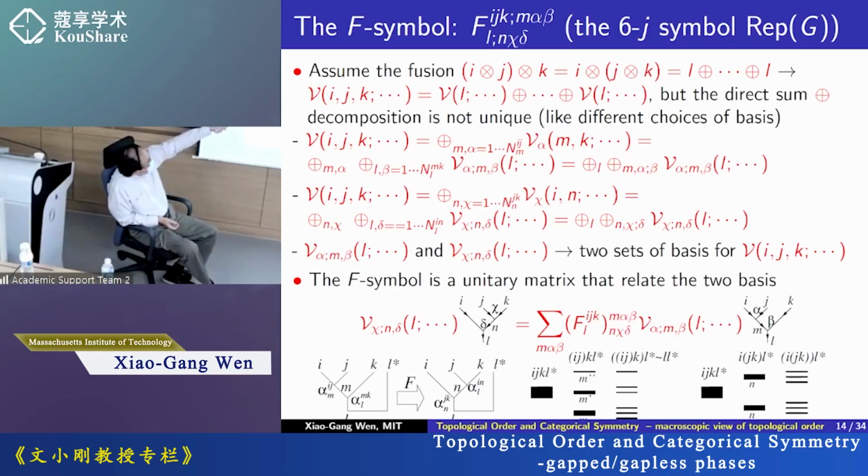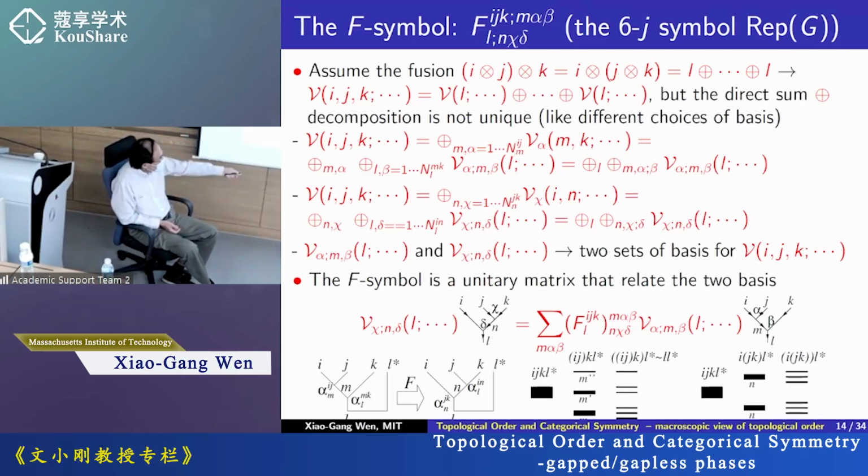And then we can fuse this IJ combination, which became M, with K. Then this one does not split, but this one splits, and the last one also splits. Then we get even smaller spaces.